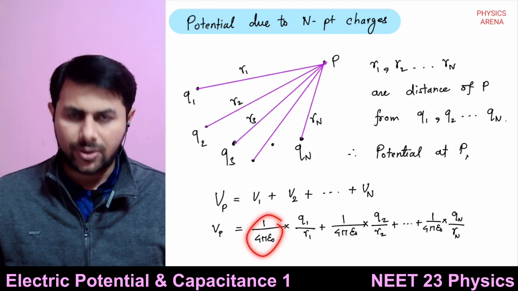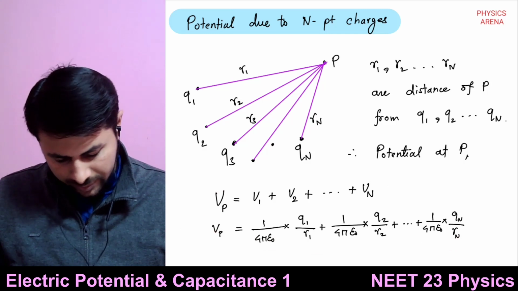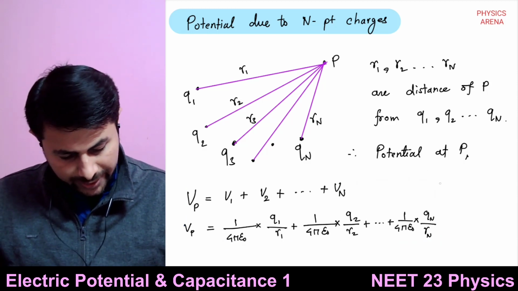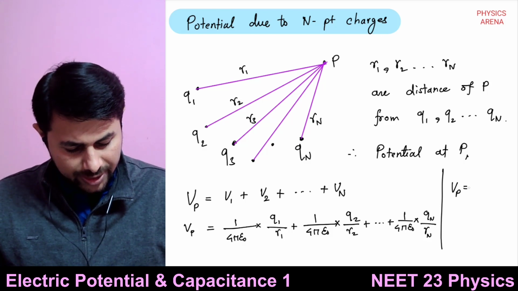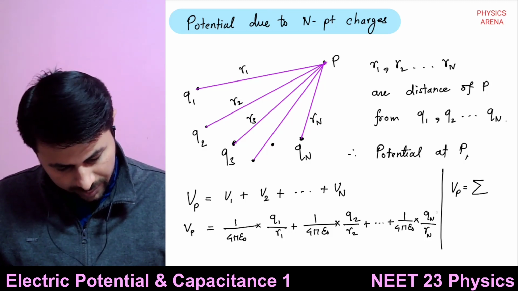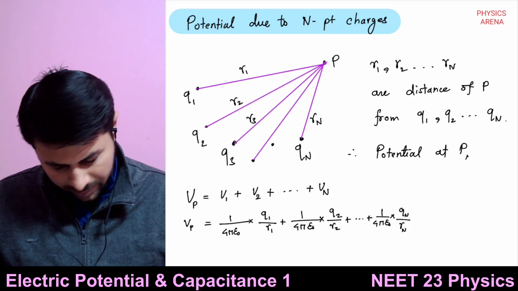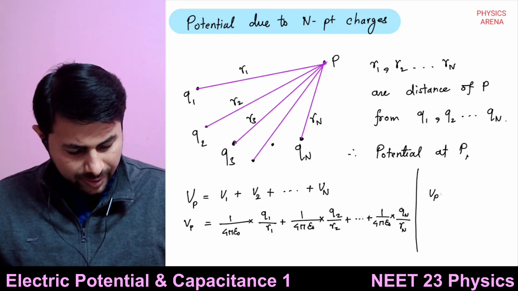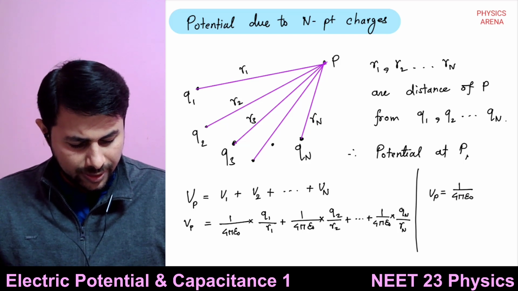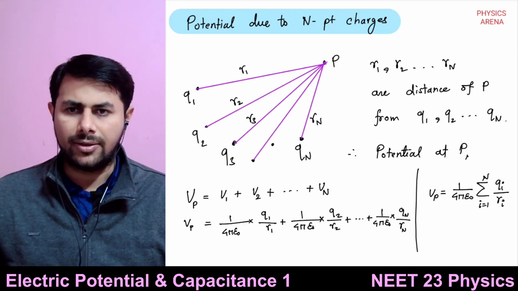We can take 1 upon 4 pi epsilon naught common. So if I want to write it in the form of summation, Vp will be equal to 1 upon 4 pi epsilon naught, summation of Qi over Ri, where i goes from 1 to n, right?